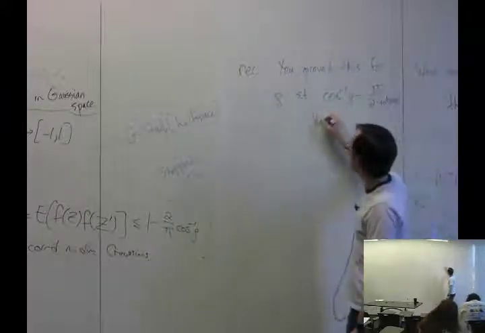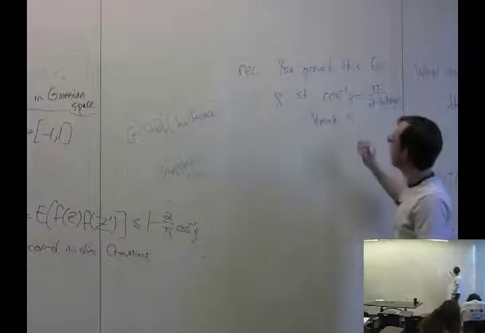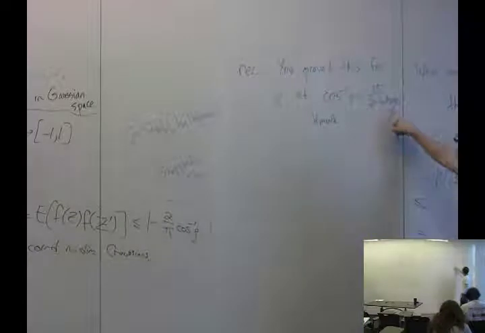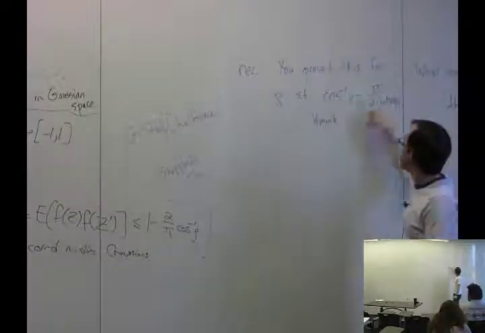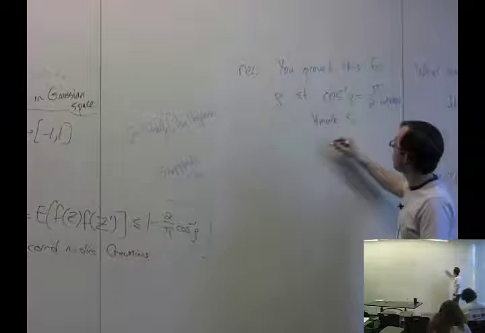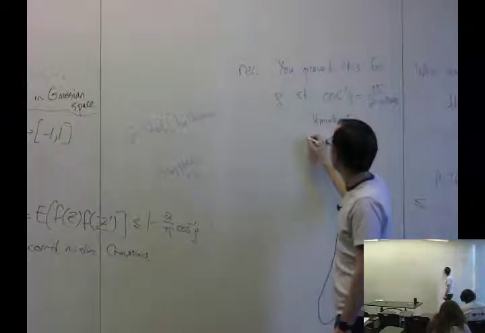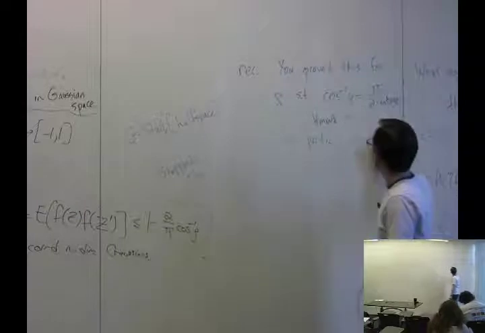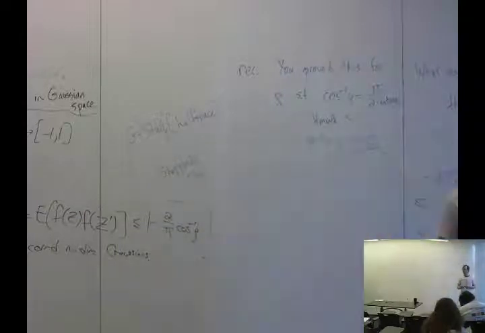Okay, this is on homework 5. So one example is pi over 4, where cos of pi over 4 is 1 over root 2. So in particular, this proves it for rho equals my favorite, 1 over root 2.